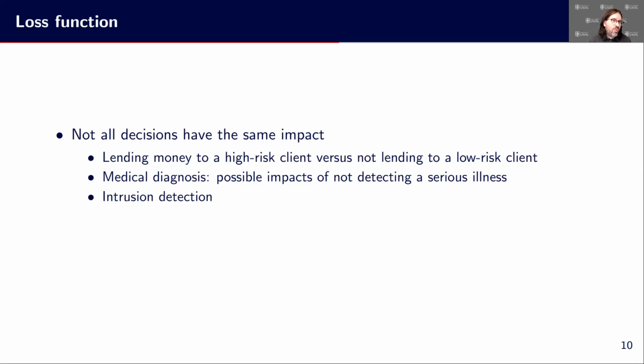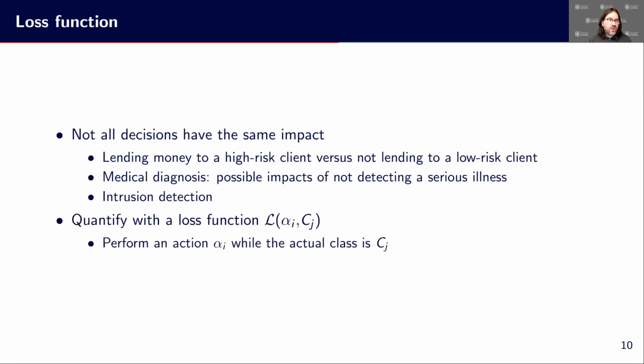We may want not everything to be equivalent. We may say that, yeah, it's much more costly to make decision A than decision B if in both cases we are in mistake. So we are defining a quantity with a loss function. This loss function here, which is the big calligraphic L, takes into account the action.